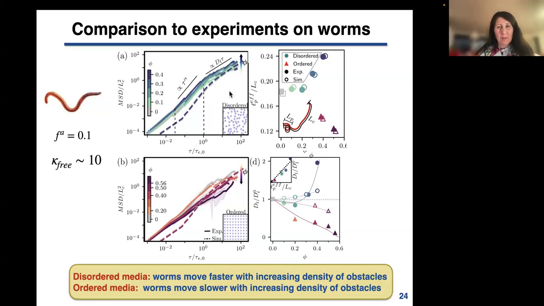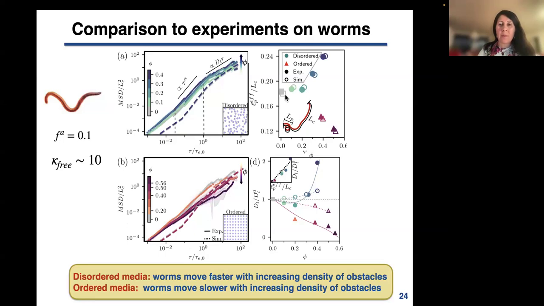What I forgot to mention is that we also have the bending stiffness and the activity parameter. How did we fix them? Because of the linear scaling with active force, the exact value of active force doesn't matter, but we use a low activity force, like F of 0.1, because worms are not so fast moving, they are just curling. And we match the bending stiffness by measuring the bond-bond correlation of worms.